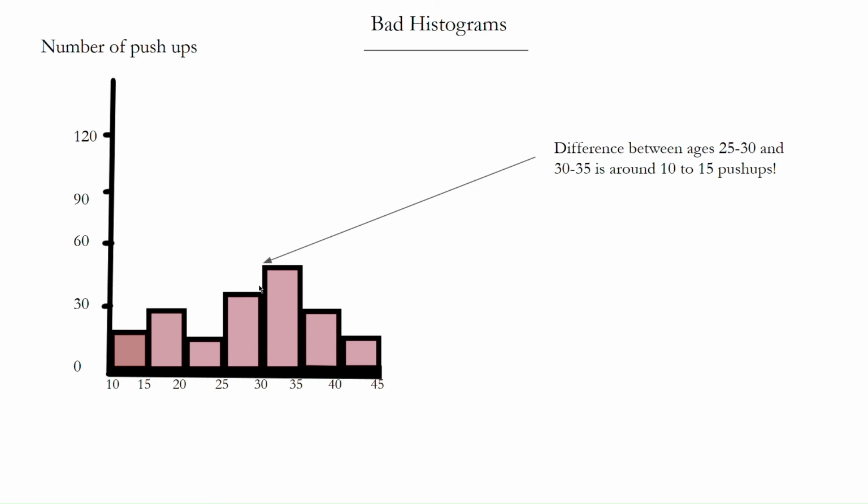Let's talk about the individuals who can do 25 to 30 push-ups. That is around, I would guess, 32, 30, 33, and the people who can do 30 to 35 push-ups actually looks like a much bigger number. I would say that's around 50.